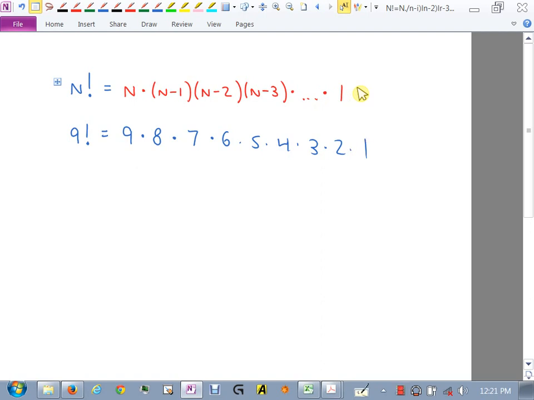That's n factorial. And the way we say that, n factorial. N must be a non-negative integer.